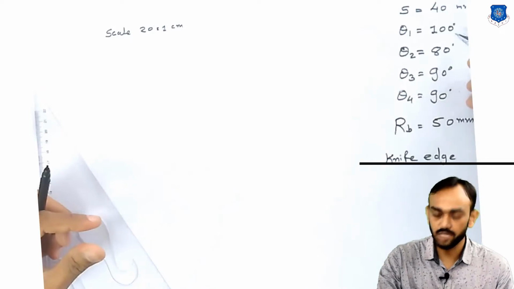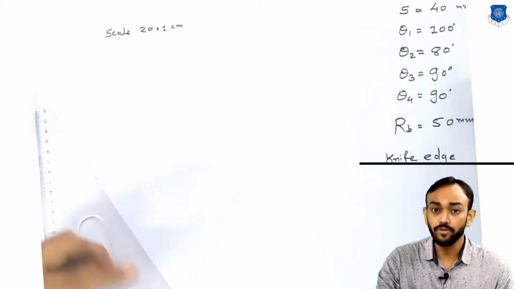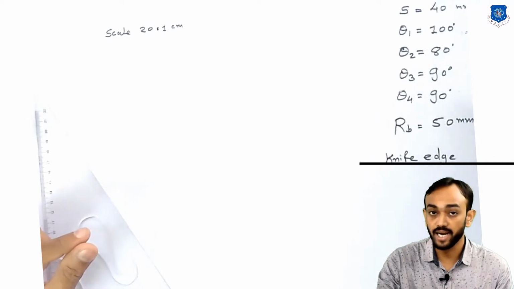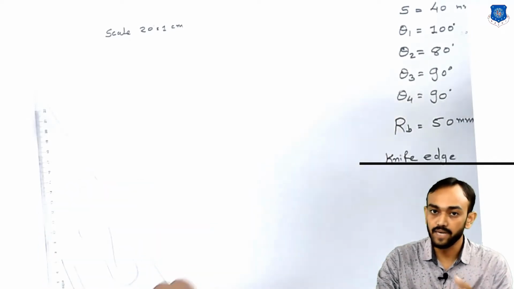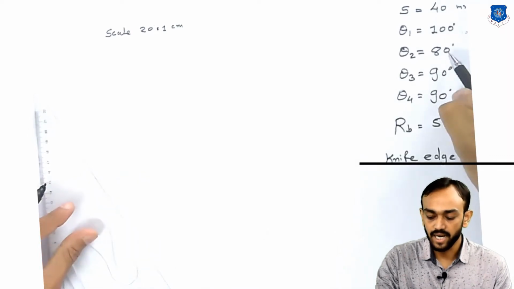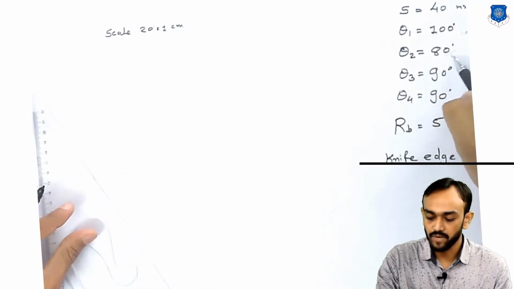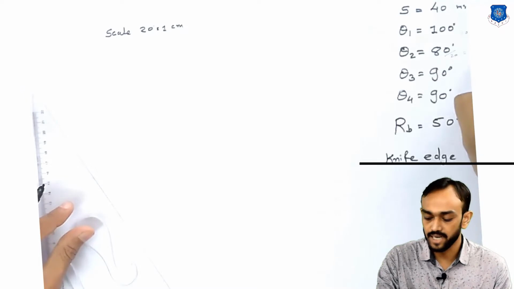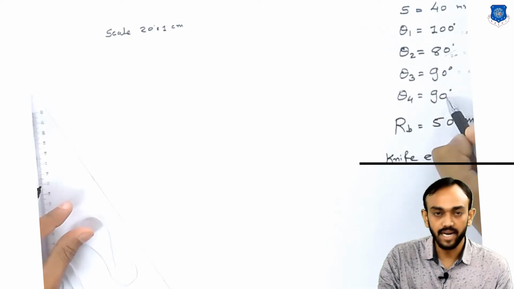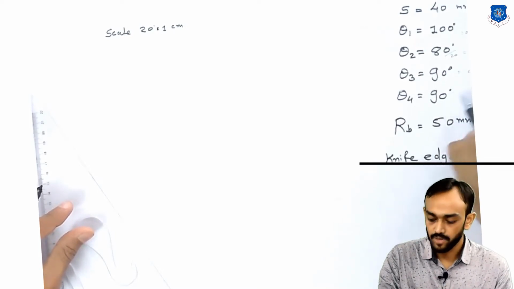Check this: theta 1 is equal to 100 degrees. If you divide 100 degrees by 20, you get theta 1 as 5 centimeters. As you can see, 80 degrees divided by 20 gives 4 centimeters. Then 90 divided by 20 is 4.5, and 90 divided by 20 again is 4.5.